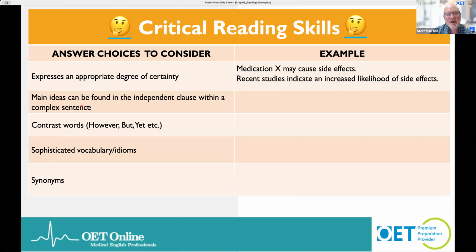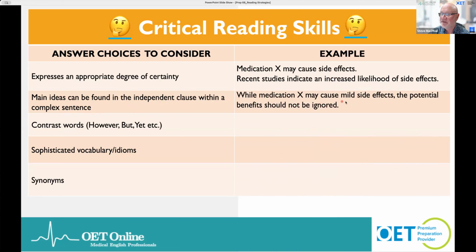Okay, now main ideas can be found in the independent clause within a complex sentence. So a complex sentence has a dependent and an independent clause. So main ideas are often in the independent clause, the strong clause, just like you want your patients to be independent. Same thing, it's the strong clause. While medication X may cause side effects, the potential benefits should not be ignored.